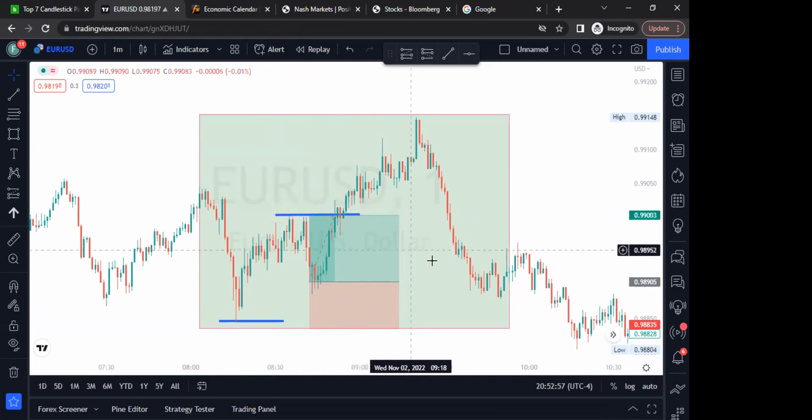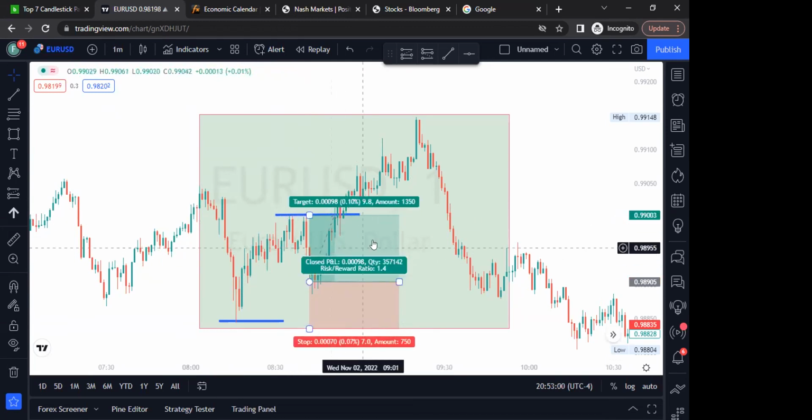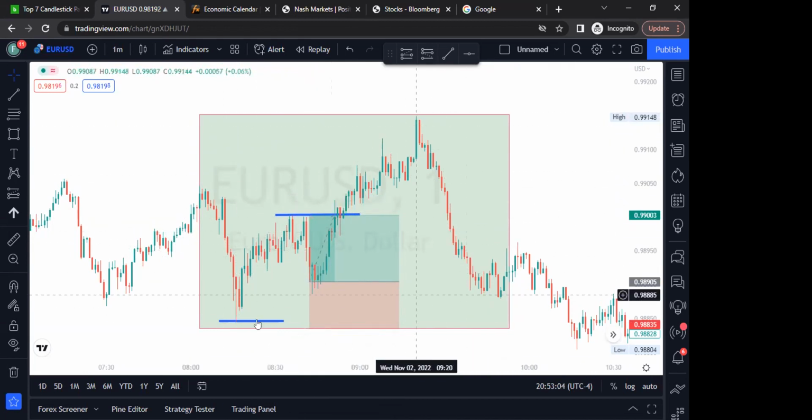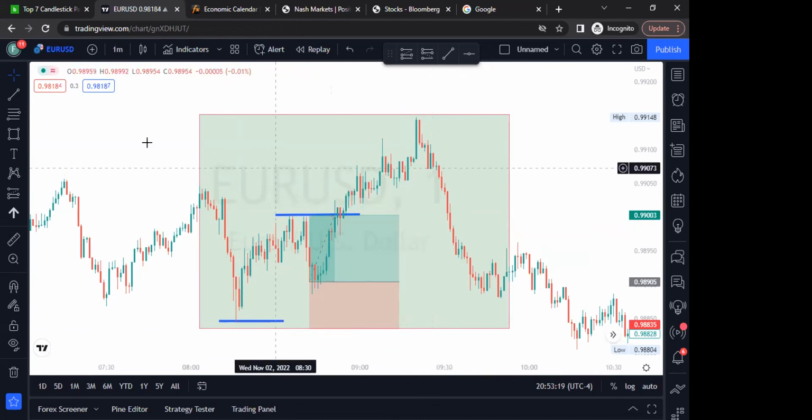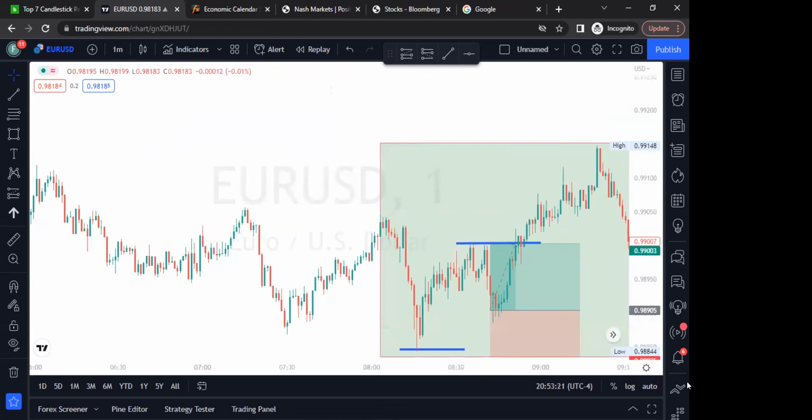No, the green box, the bigger one. This one. Oh, I'm just using the box to show you guys the area I'm looking at right now. But I do use the box on my actual chart. Matter of fact, let me show you guys a live example. Give me one second, I'm about to join the Zoom on my phone.